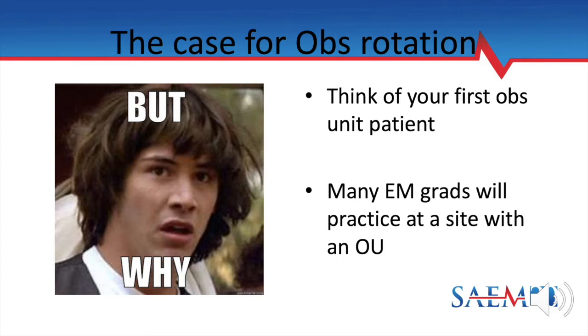I'd never seen what it was like to assess a patient who is complete with a protocol or in the middle of a protocol and decide, do they need to be admitted or do they need to be discharged? And I remember coming onto that first shift where I was supposed to round in the obs unit before going into the ED, and grabbing one of my colleagues who was working and saying, what do I do here? How do I write the note? How do I do the discharge instructions? What do I need to do to assess them?